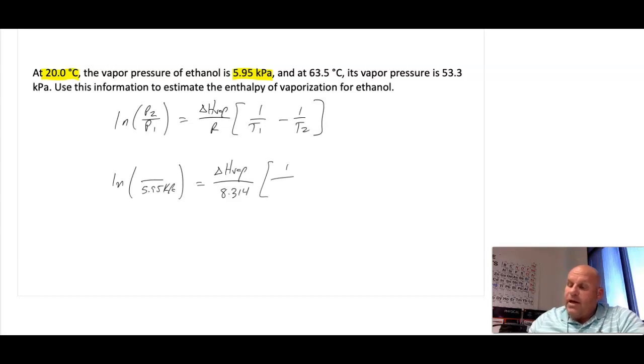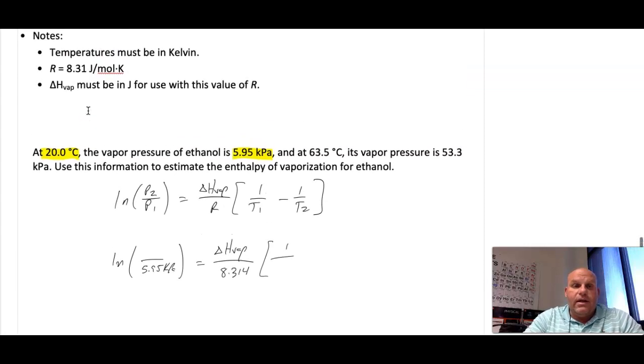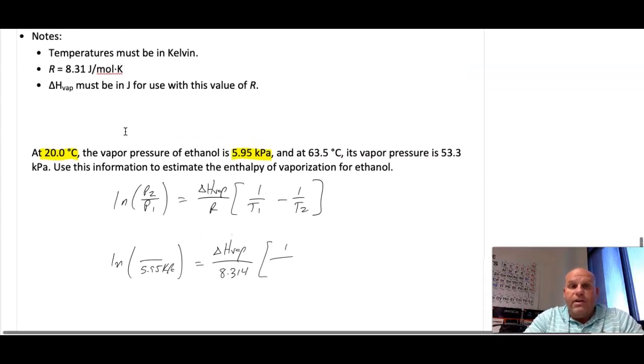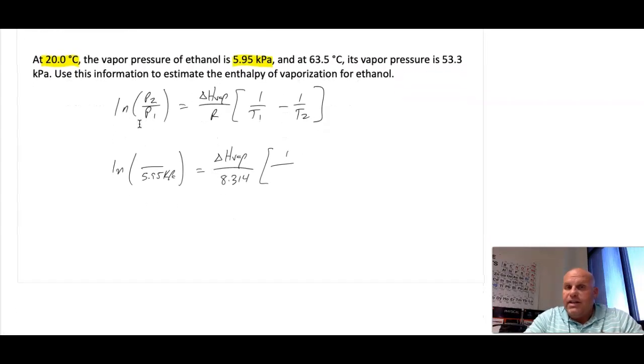Because our R value is joules per mole Kelvin, our temperature values need to be in Kelvin.